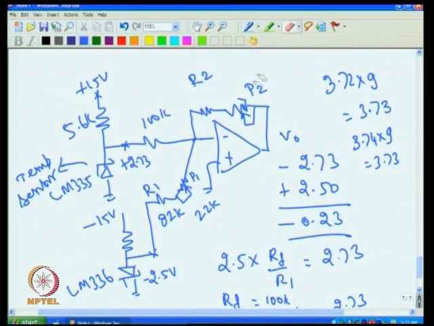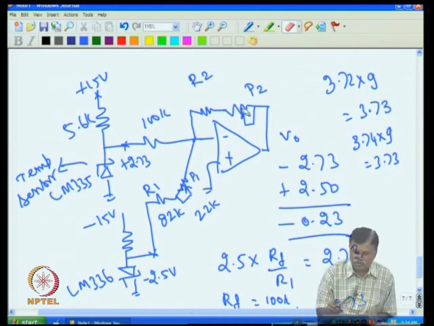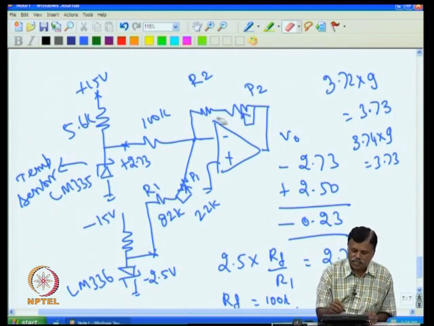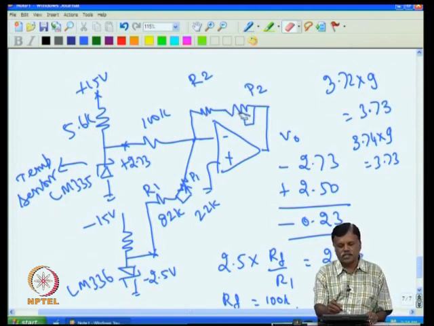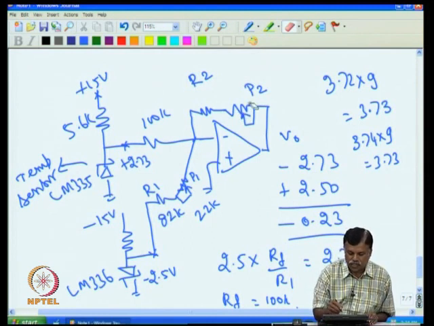So at any given time, the combination of P2 plus R2 should give me the gain. If you want 100k with gain one, then R2 plus P2 should be 100k. If you want more than one gain, then P2 plus R2 should give me more than 100k. If less than one gain, then this combination should give me less than 100k.